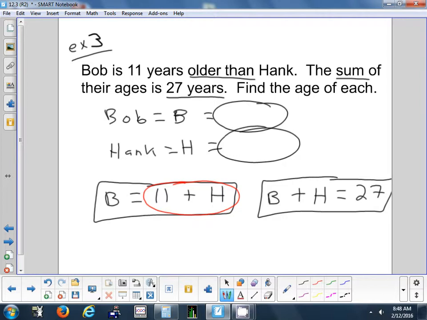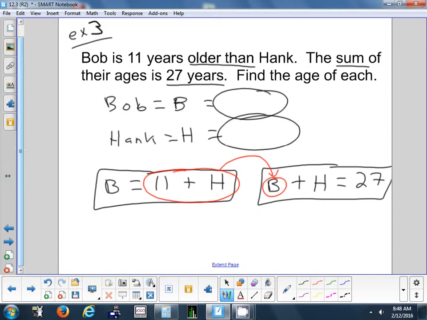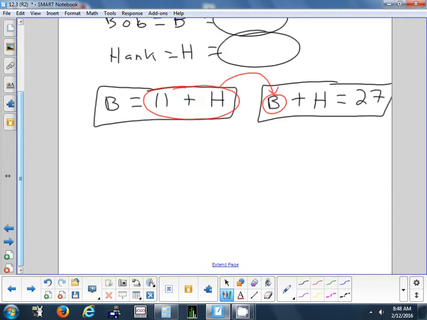I'm going to fill it in for B. We're going to put it right there. So take what B equals, 11 plus H, and fill it in for B. We could still put it in parentheses. We don't have a distributive property this time, but it's not wrong to do that.